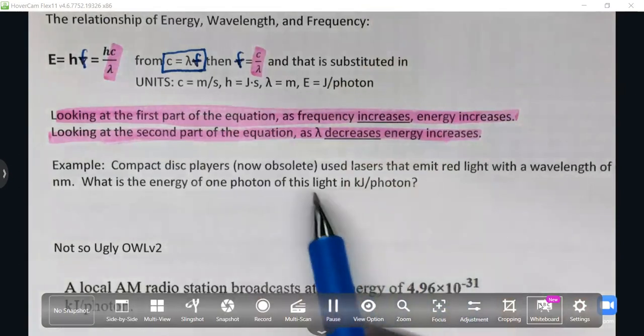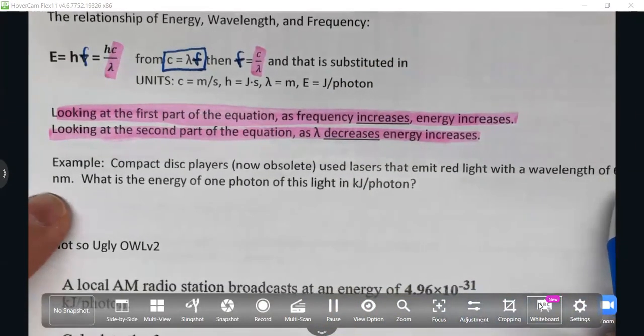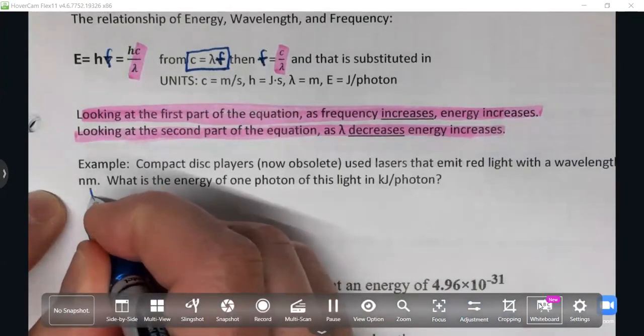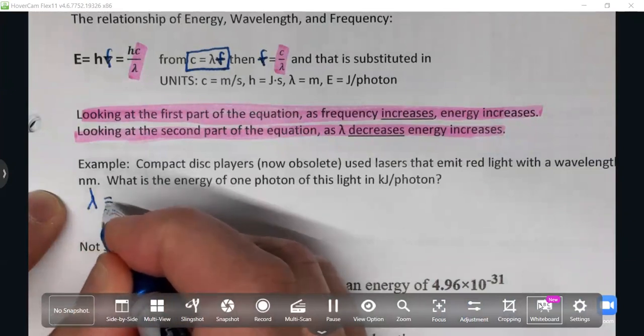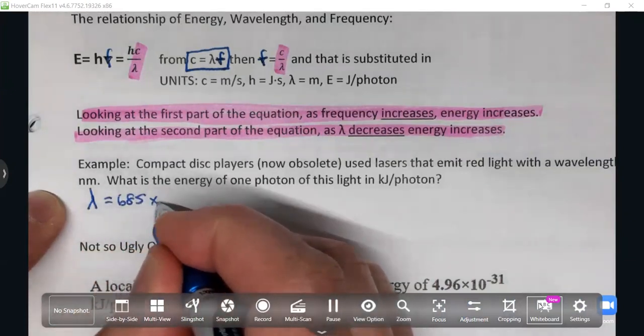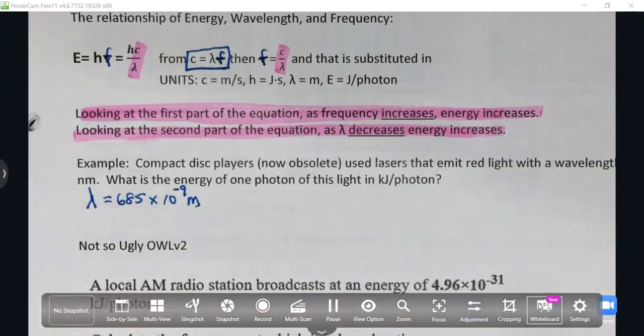So a CD player uses lasers that emit red light at a wavelength of 685 nanometers. So this right here is 685 times 10 to the minus 9 meters, right? All right.